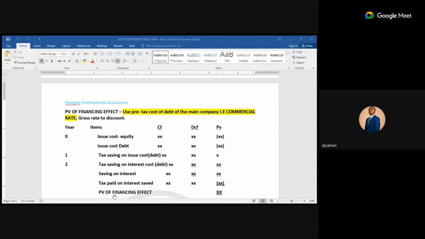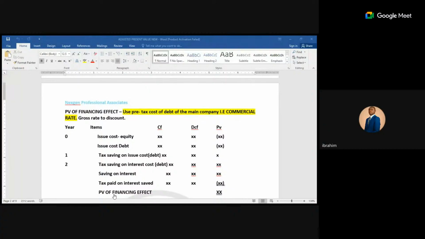When they are given 32% as commercial rate, government can decide to come and tell you, don't worry, we will give you 5% below the commercial rate. Class, what is 5% below the commercial rate?